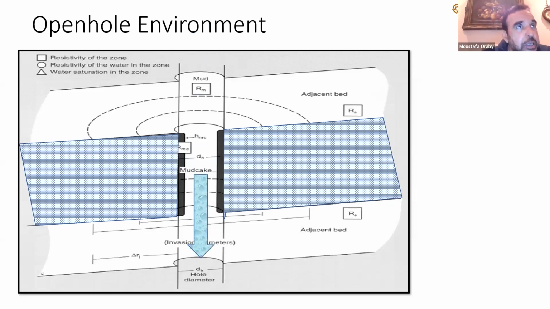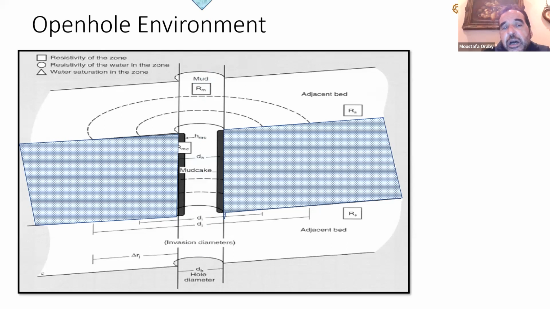Drilling fluid has a certain mud weight, which is slightly higher than the formation pressure. So the mud weight will provide pressure in the wellbore that's slightly higher than the pressure in the formation. Why? We need to prevent any leak from the formation into the wellbore. That's unsafe.